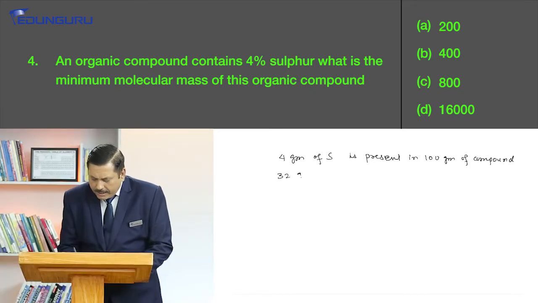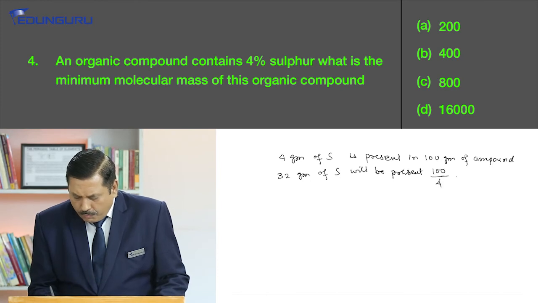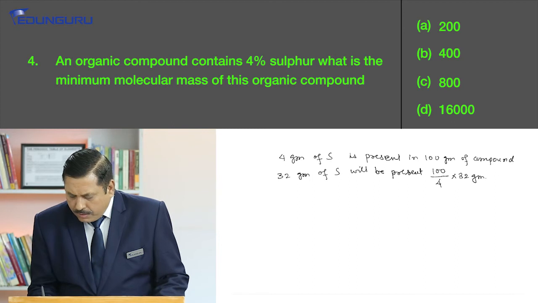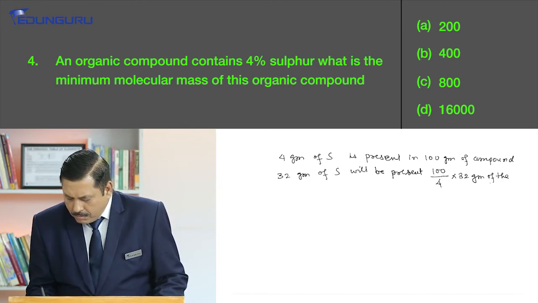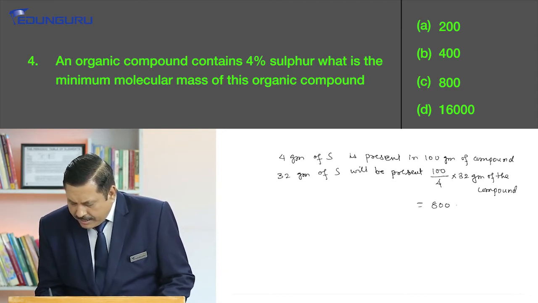Therefore 32 gram of sulfur, that is 1 gram atom of sulfur, will be present in 100 upon 4 into 32 gram of the compound, which comes out to be 800 grams.